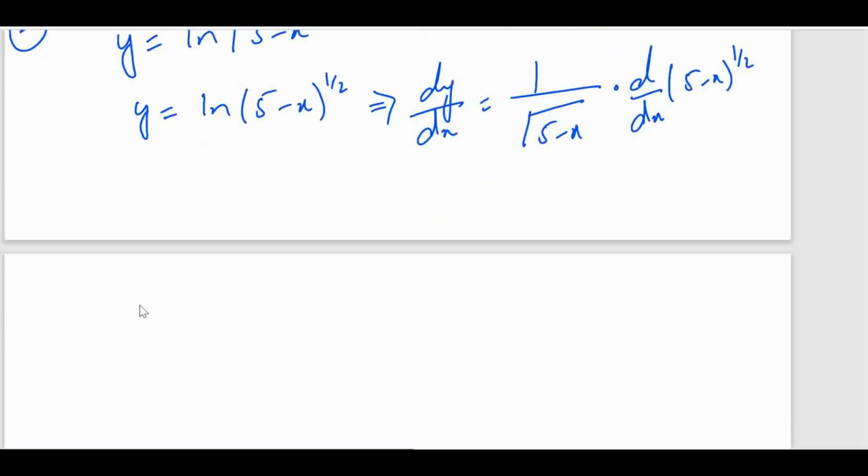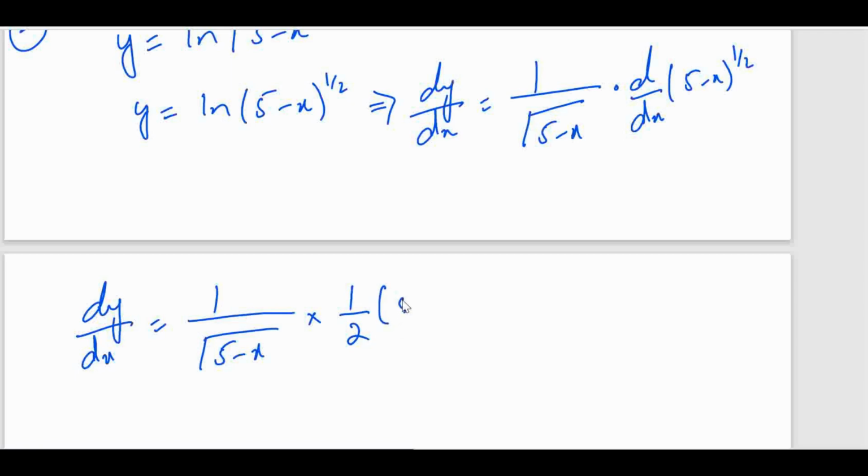Now here dy by dx is equal to 1 by square root of 5 minus x as it is, into 1 by 2 into 5 minus x whole power 1 by 2 minus 1. Again we have to take the internal derivative, and the internal derivative of 5 minus x will be equal to minus 1.